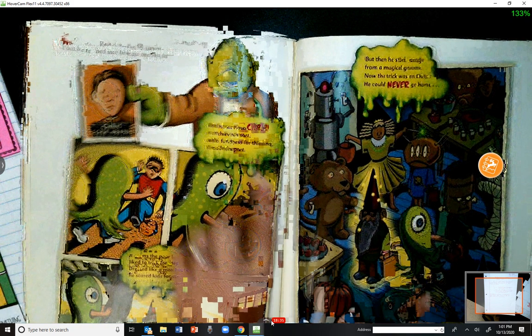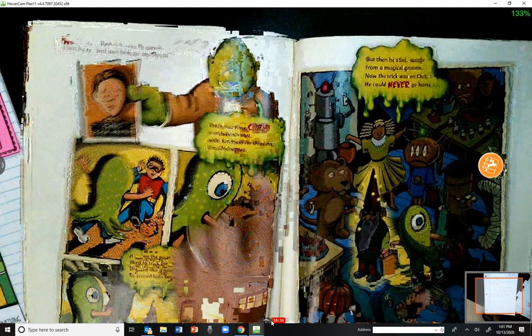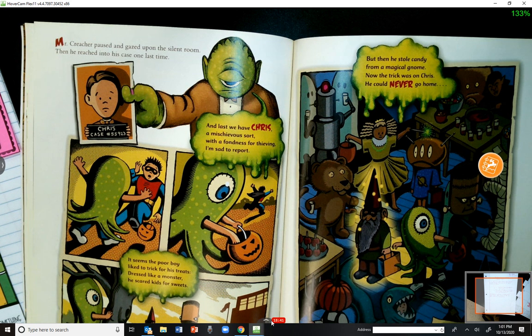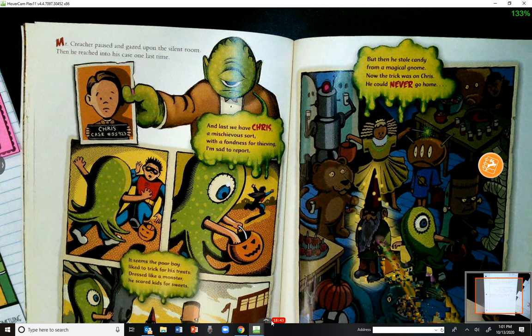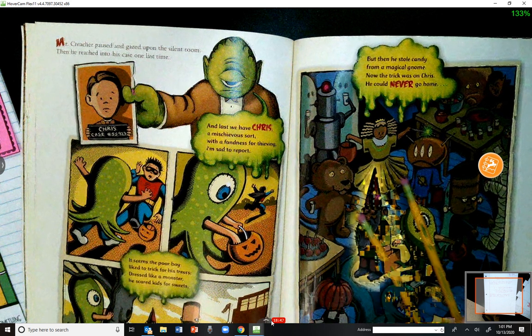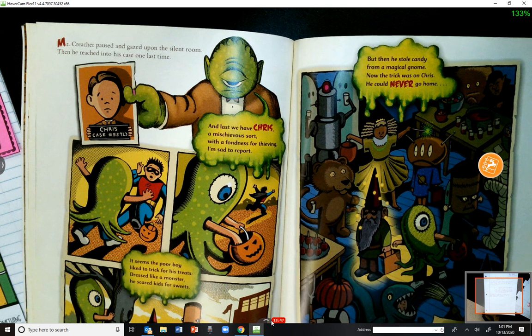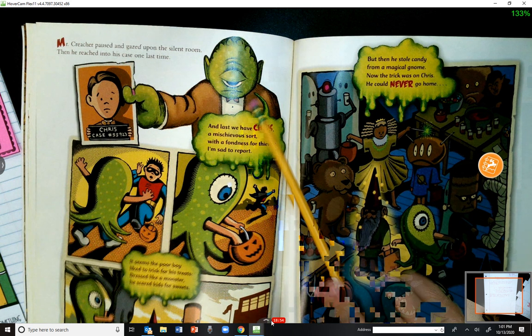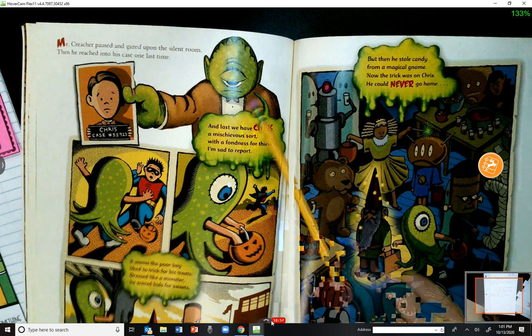Okay? You can tell that the gnome was getting cursed because it has like magic around it. Good. So that's kind of foreshadowing, too, that maybe he's going to cast a spell on him, and that's why he looks like a creature, a monster now.